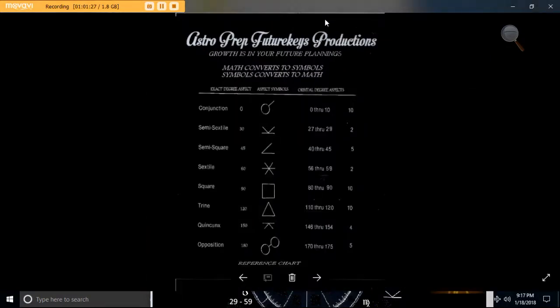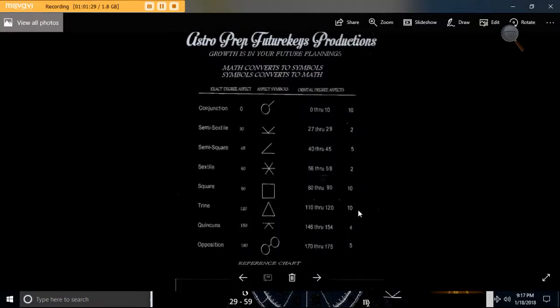Where's my chart? Okay. It will go through all the dynamics of a conjunction, a semi-sextile 30 degrees, a semi-square 45 degrees in its symbol, a sextile 60 degrees, a square 90 degrees, okay?